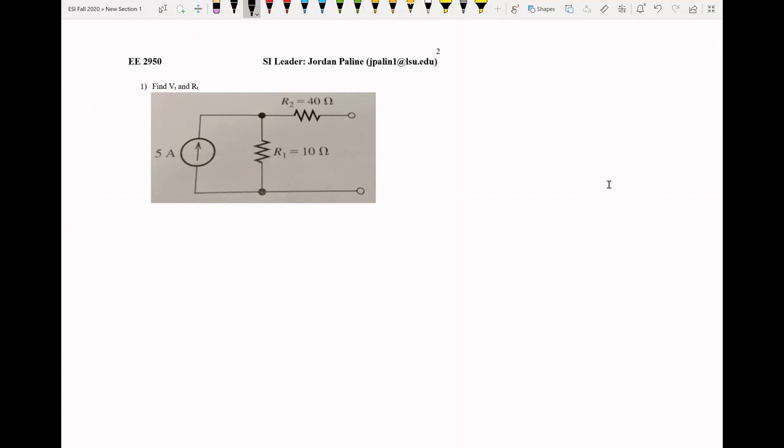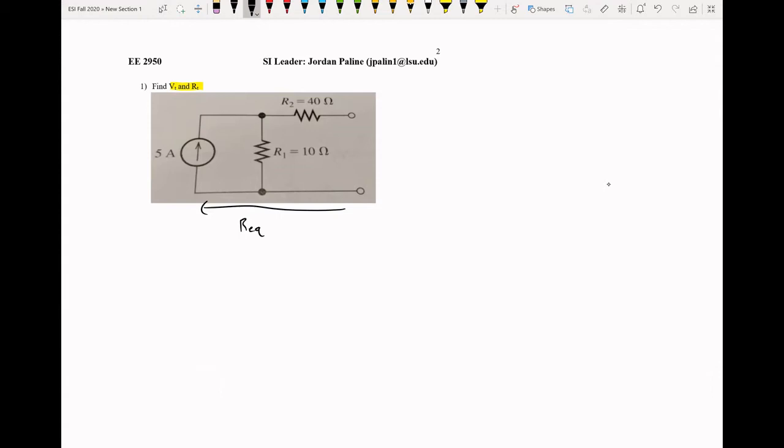The first problem is asking us to find V Thevenin and R Thevenin. All right. The different part about Thevenin is that typically when we're finding our equivalent, we're working that way towards the source.